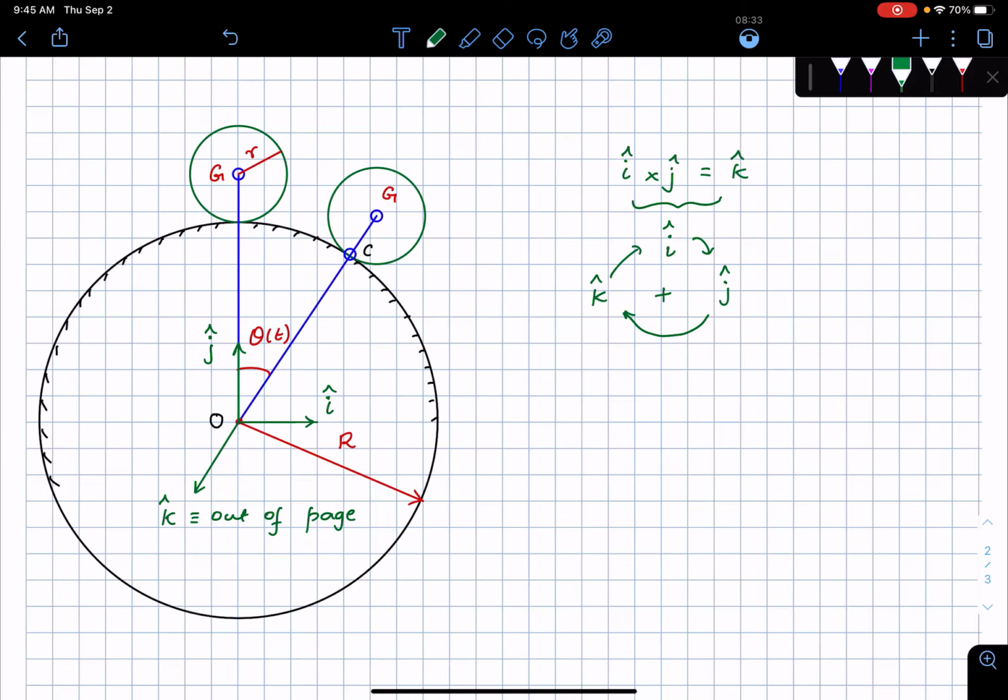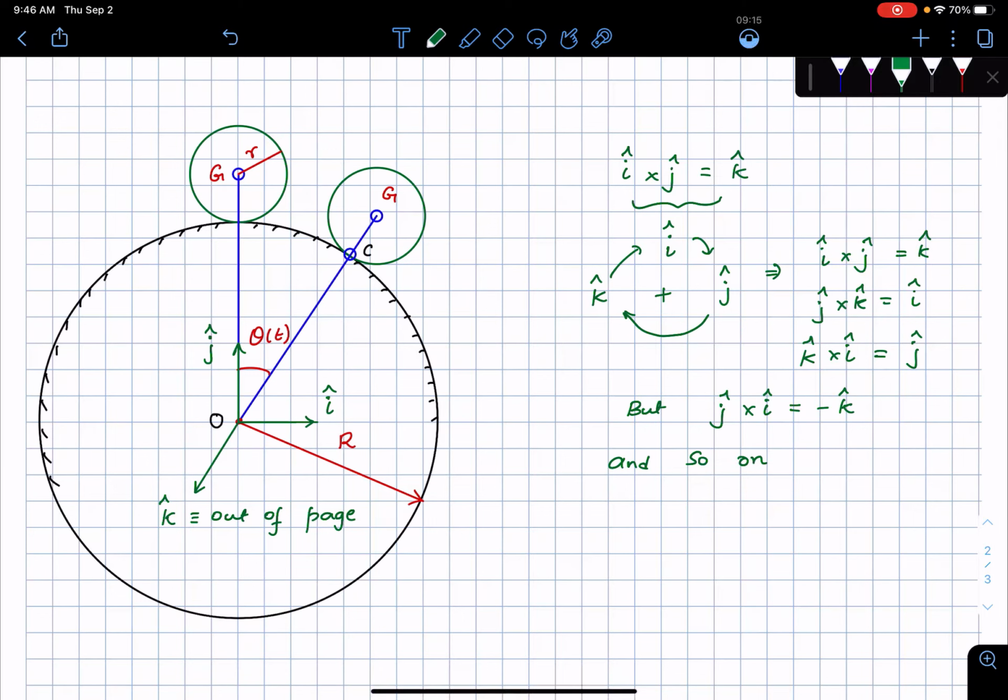If I do I cross J, I get K. If I do J cross K, it gives me I. And if I do K cross I, it gives me J. But watch out, if I go from J to I, this is going against the grain of the triad. Going from I to J is positive, which is the right hand rule once again. But if I go from J to I, this gives me minus K, because I'm going against the grain, and so on.